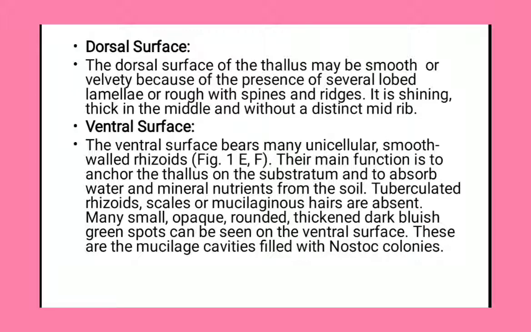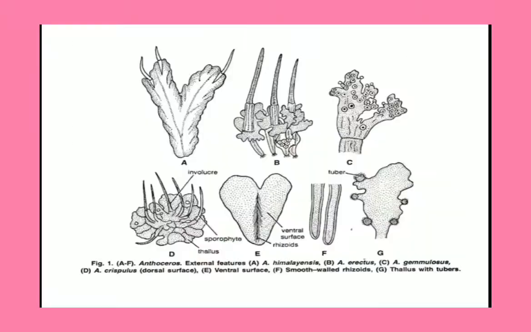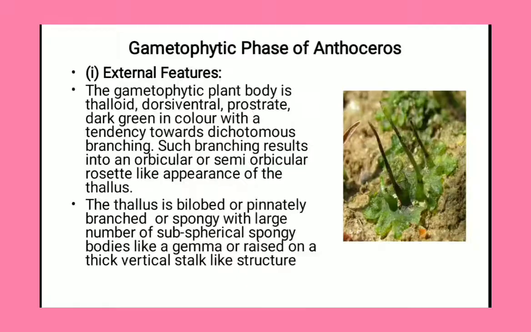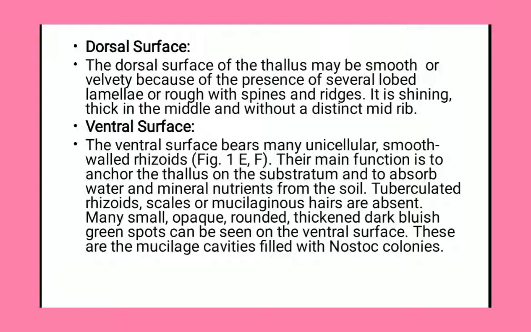In this, the midrib is not present. These are all leaf-like structures, but in these leaf-like structures the midrib is not present. The dorsal surface is a smooth and velvety structure, and several lobes are present. The midrib is absent.